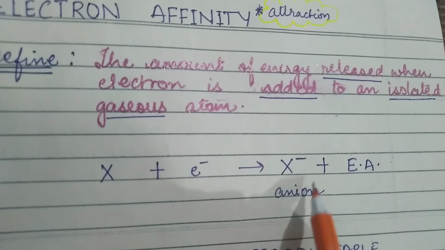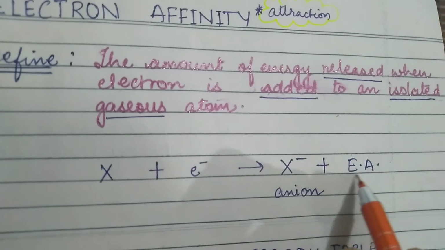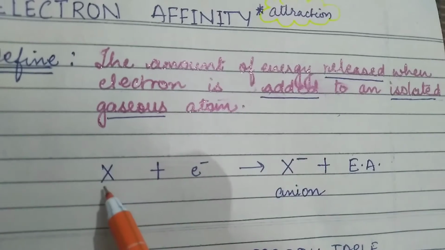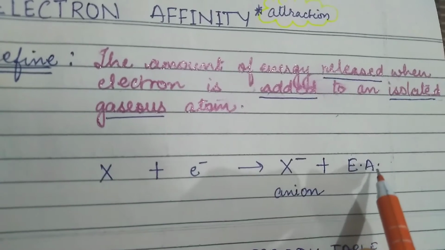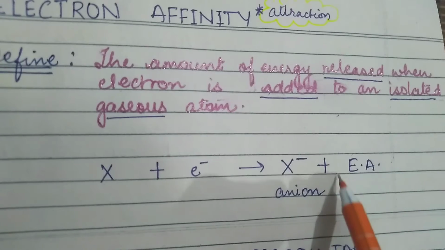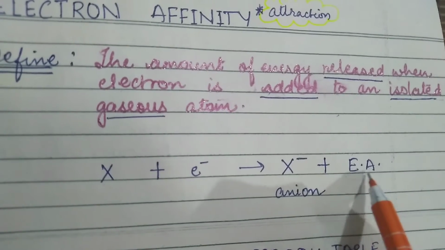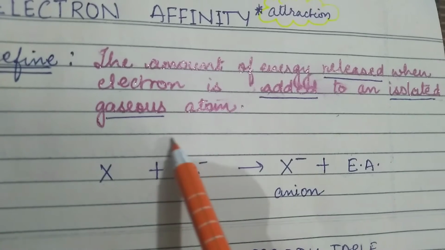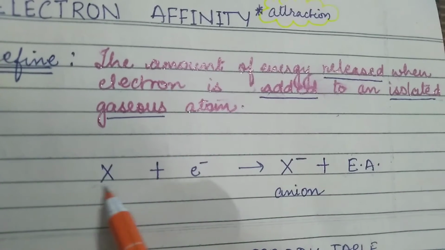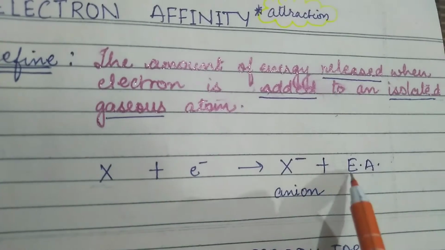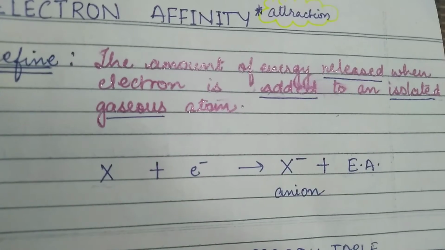It has become an anion, and energy will be released from the atom. This released energy will be EA. So the amount of energy released when an electron is added to an isolated gaseous atom is called electron affinity.